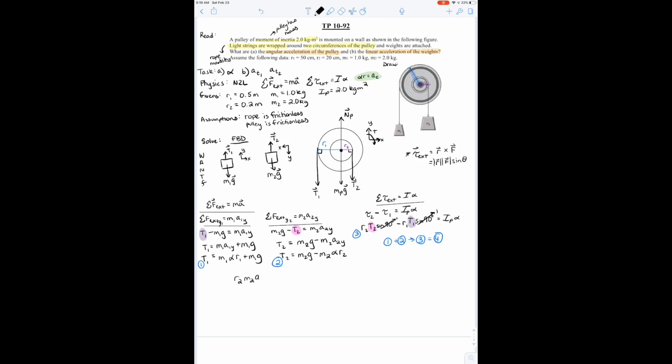So r2 times mass 2 times acceleration due to gravity minus mass 2 times angular acceleration times r2. And then I'm going to minus r1. Oh, I definitely got to make sure I remember that parentheses symbol. All right, so I'm going to minus r1 times T1, which is mass 1 times angular acceleration r1 plus mass 1 times acceleration due to gravity. And all that's going to equal the rotational inertia of the pulley times its angular acceleration.